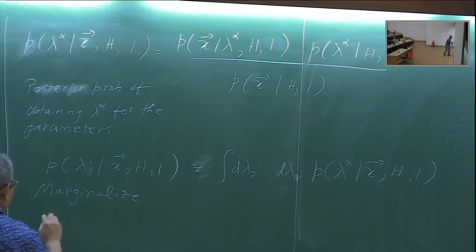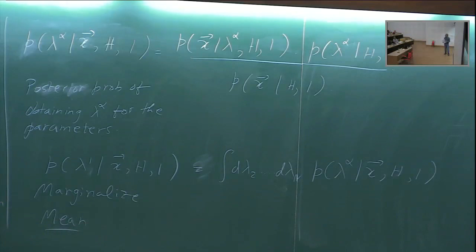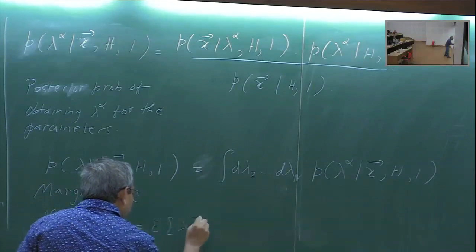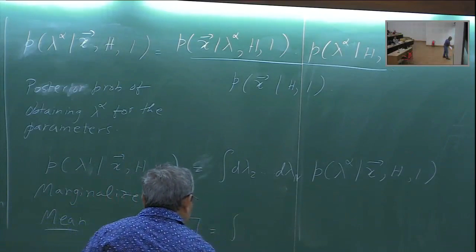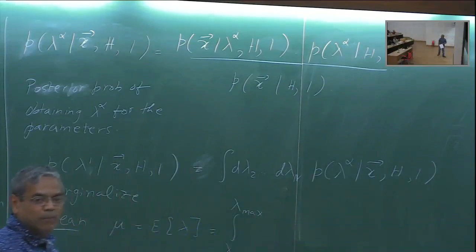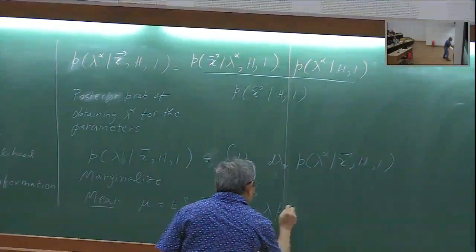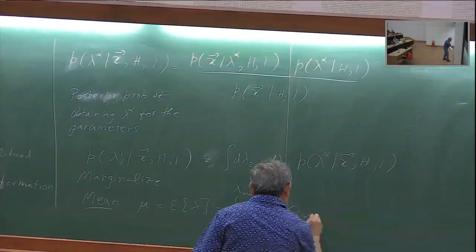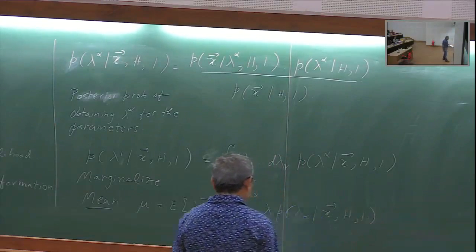The mean can be computed. All the rest of it is what you know already in probability theory. The mean of a particular parameter, let's call it mu, is nothing but the expectation value of that parameter lambda. And that would be simply go from lambda min to lambda max allowed by your parameter, multiplied by lambda, and then P of lambda alpha given, this is the posterior probability distribution, d lambda.